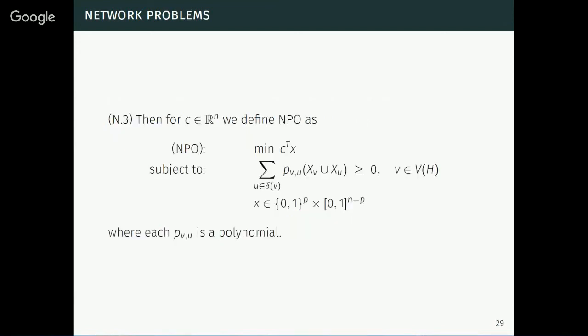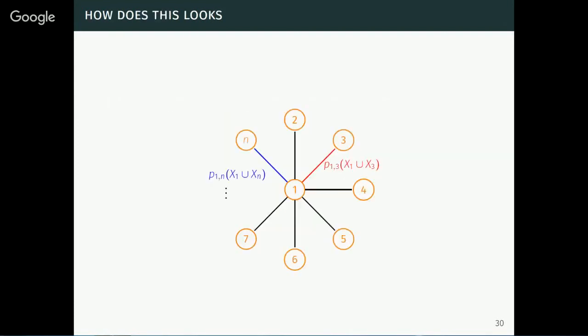Okay, so we define the problem in this nasty way, but let me show you a picture so you'll get an idea. We define a problem over a graph, where every constraint considers a sum over all the neighborhoods of some node, okay?